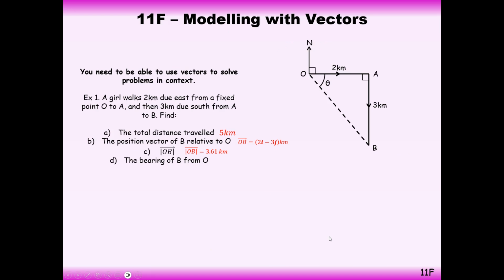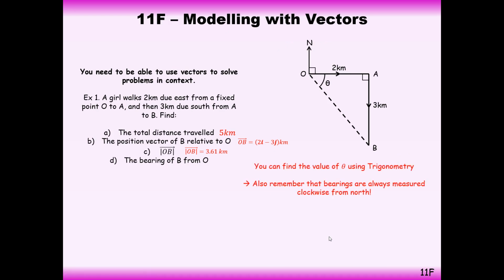Now getting to the bearing. As I said again, the bearing is measured from the north line, and we need to basically figure out this angle theta and then add 90 degrees to it. So the opposite side is 3 and the adjacent side is 2.